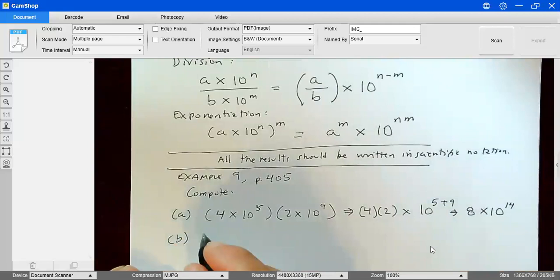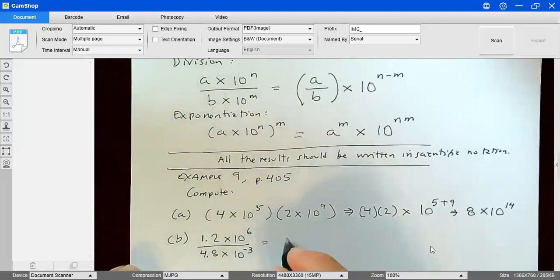The next one, now we have a division. We have 1.2 times 10 to the 6 over 4.8 times 10 to the negative 3. So this problem is very interesting. So pay attention. We're going to divide mantissas, 1.2 over 4.8.